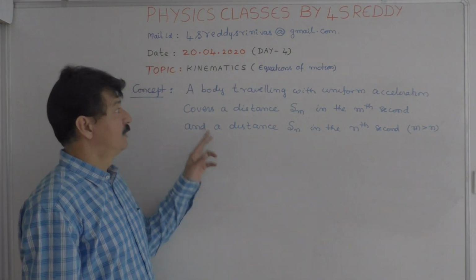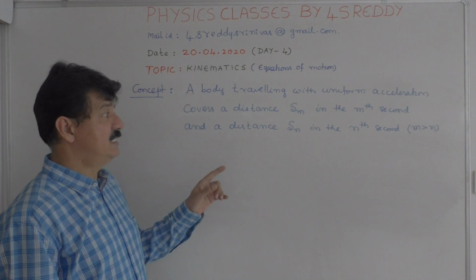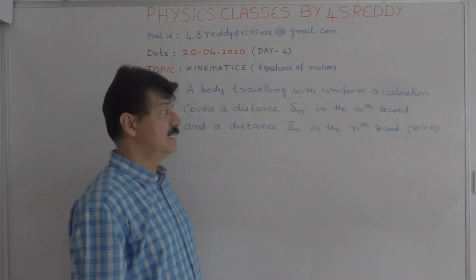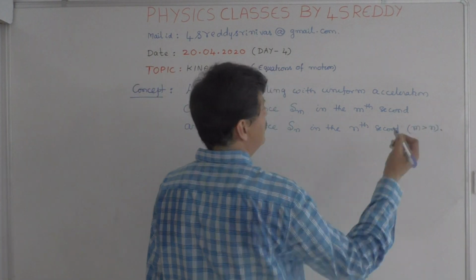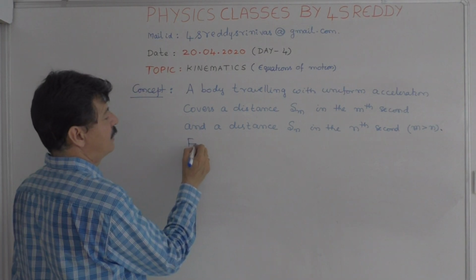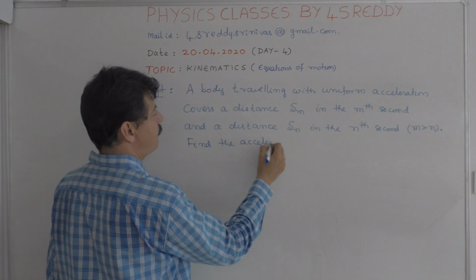Is it clear? A body traveling with uniform acceleration covers a distance Sm in the mth second and a distance Sn in the nth second where m is greater than n. Find the acceleration of the body.